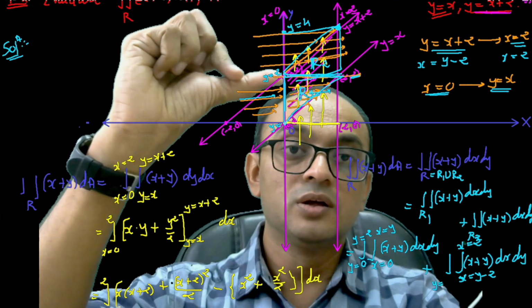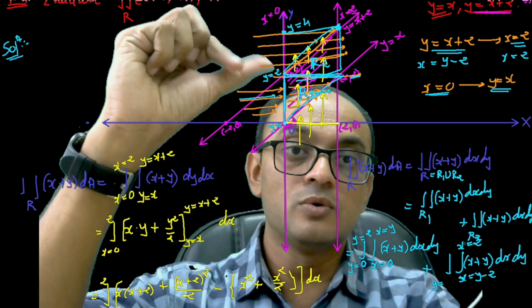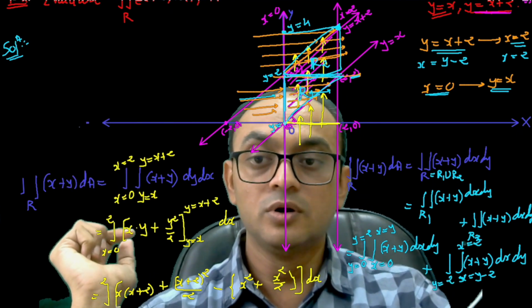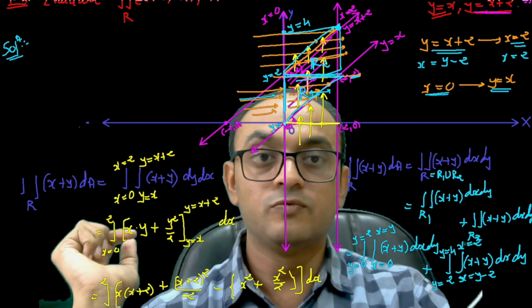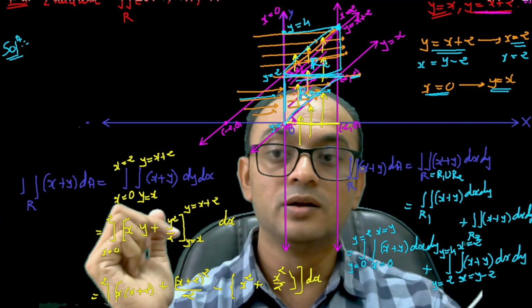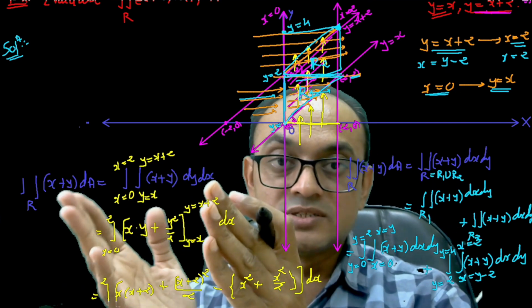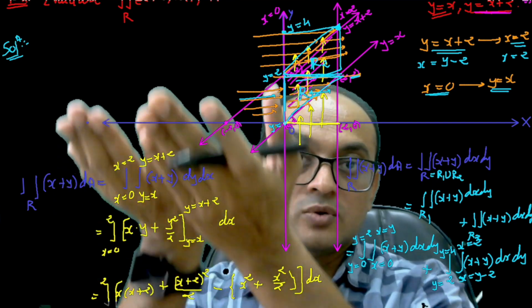So in this portion the lower point becomes the lower limit, the top point becomes the upper limit. So y is equal to 2 to y is equal to 4. Clear?